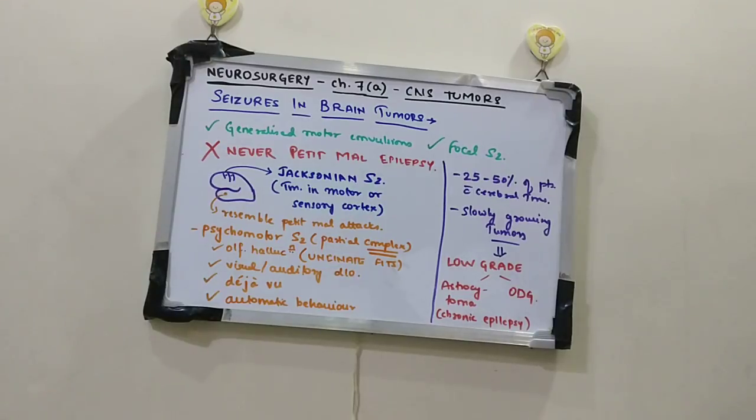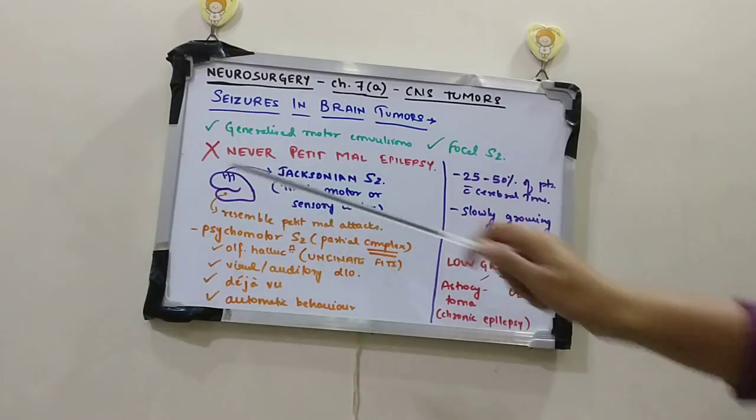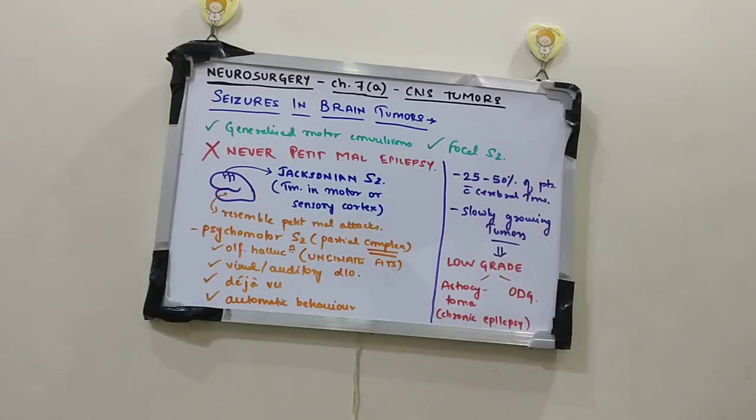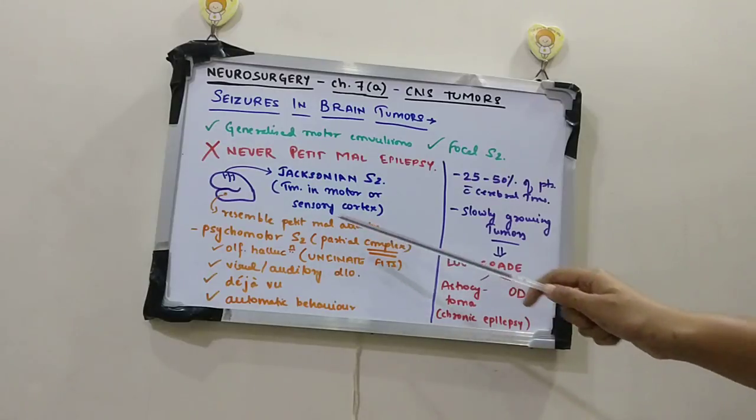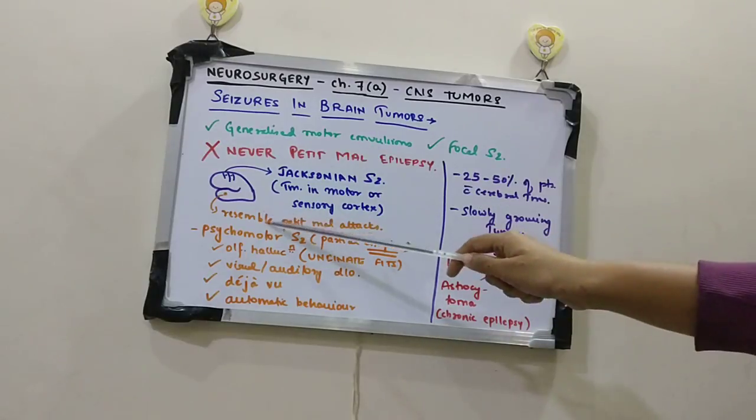But minor temporal lobe tumors can present with seizures that can be partial, simple or complex, which may resemble petit mal attacks, but they are not petit mal epilepsy. They are just going to resemble it.